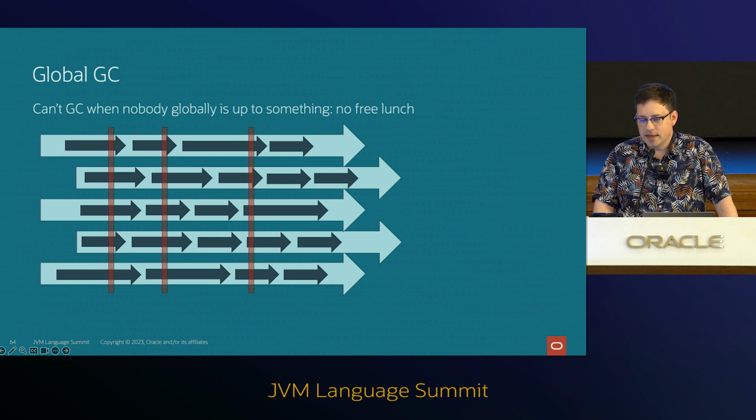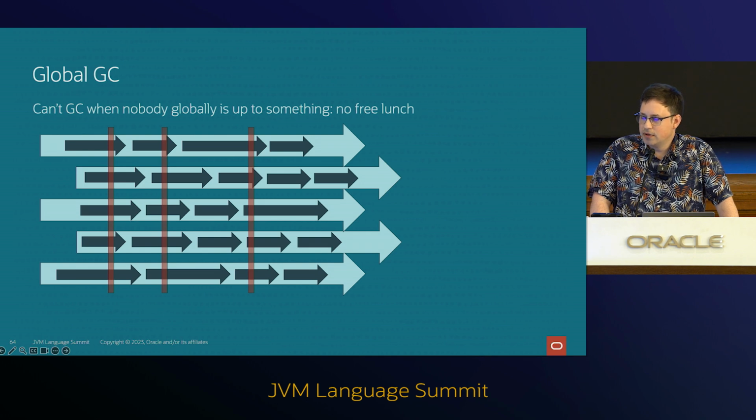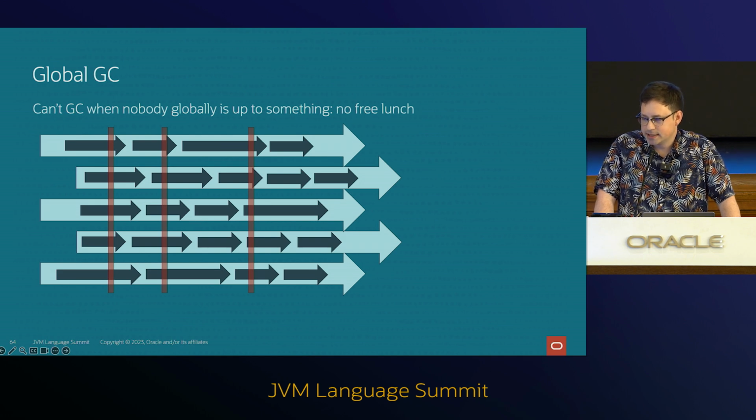So if you think about the case of a global GC, look at these horizontal light blue arrows as platform threads executing. Inside of them, we have dark blue arrows representing virtual threads running on these platform threads.